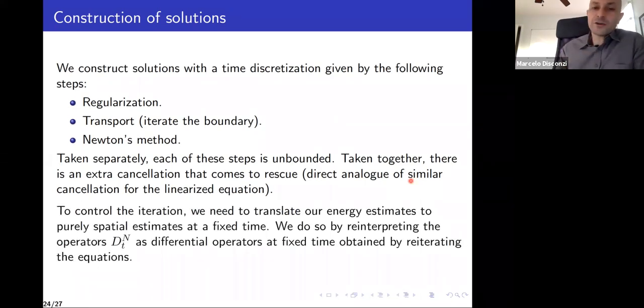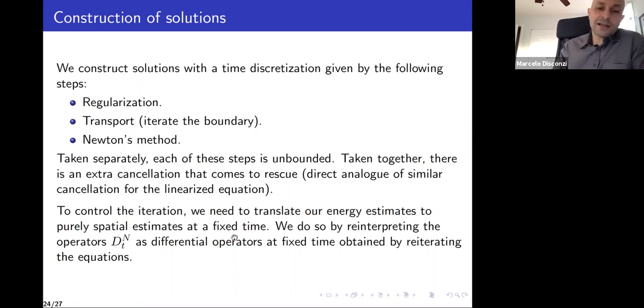And finally, you're saying, okay, but hold on, all your estimates: you want to use them to pass to the continuous limit because you're discretizing time. But in your estimates you are using time derivatives, so you're using continuous time. How can you use your estimates for this time-discretized problem?